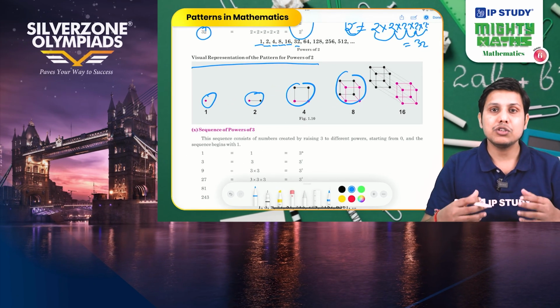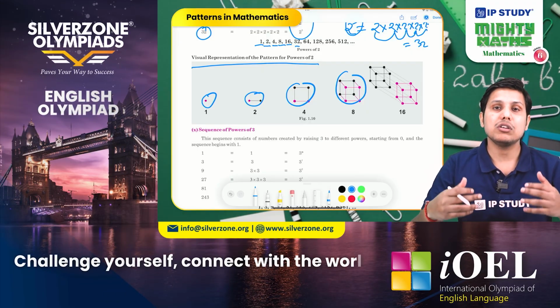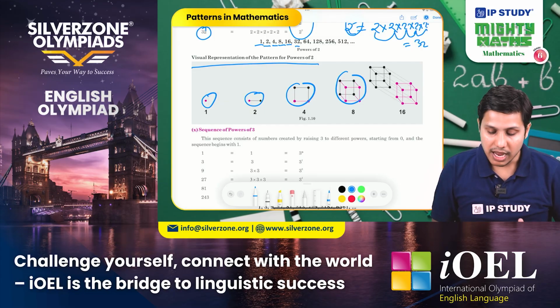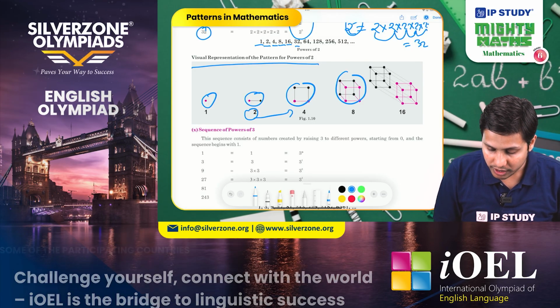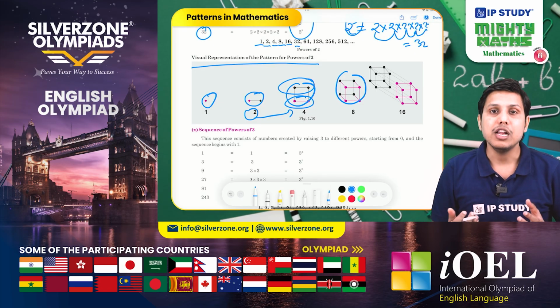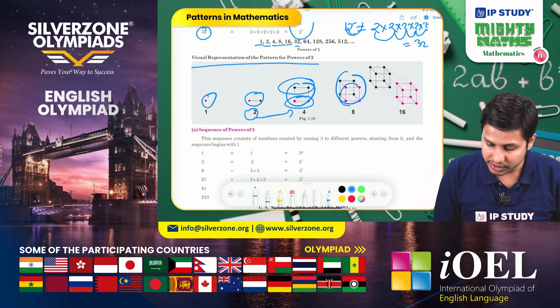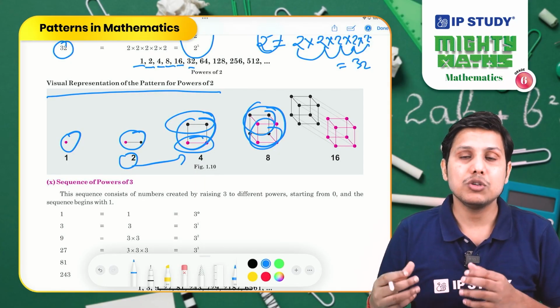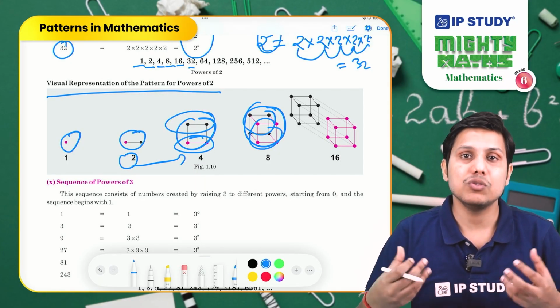So it is showing how the number of dots is multiplied by 2 at every stage. Like here, 2 to 4, so 2 was already present and another 2 comes here, so it is 4. Now 4 is already present and another 4 comes here. So the difference of the colors shows how the pattern is going visually.